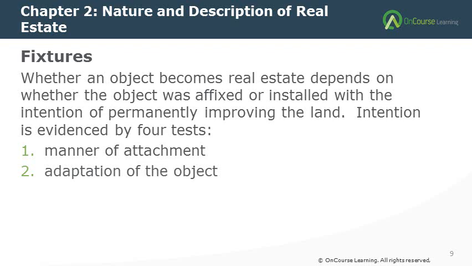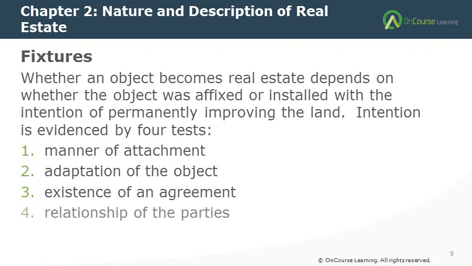Adaptation of the object. Was that object custom made for the property? If it is, it will have no use elsewhere. Is there an existence of an agreement? And what is the relationship of the parties?